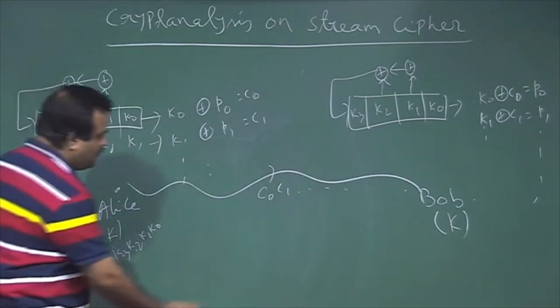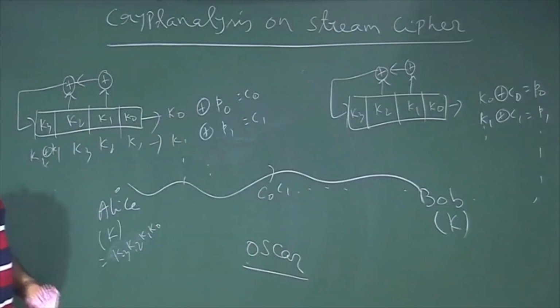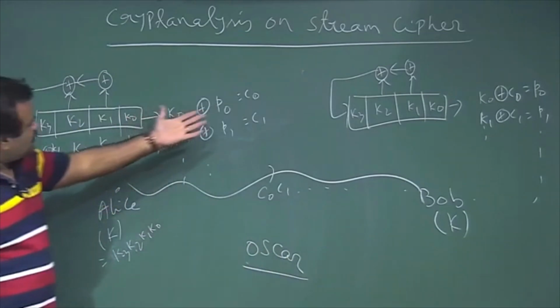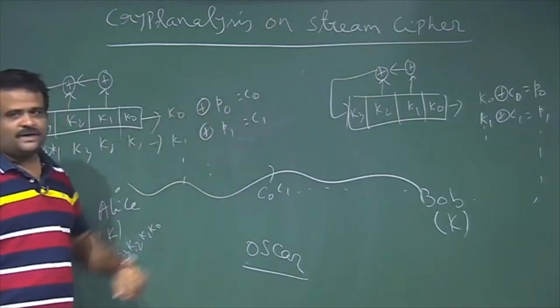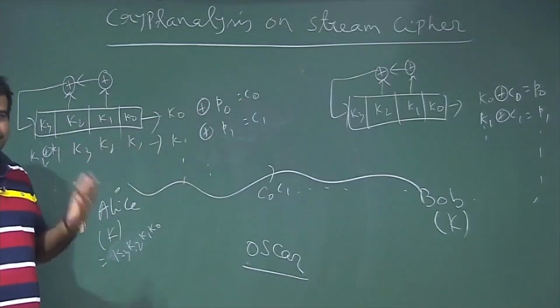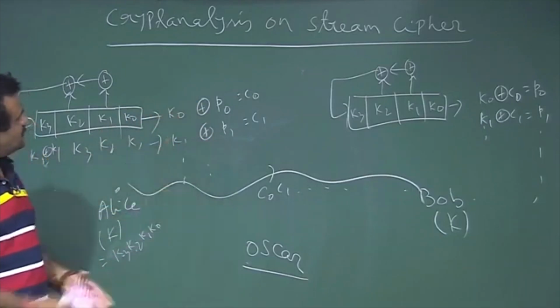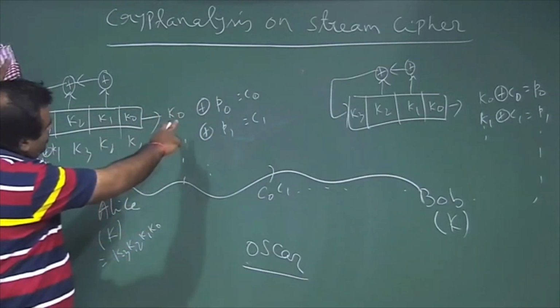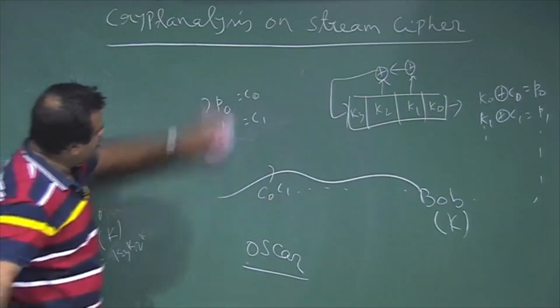Now we have to think of what Oscar can do. If Oscar knows some plain text and ciphertext bits, this is a known plain text attack. The ciphertext is basically a linear function of the plain text and the key.